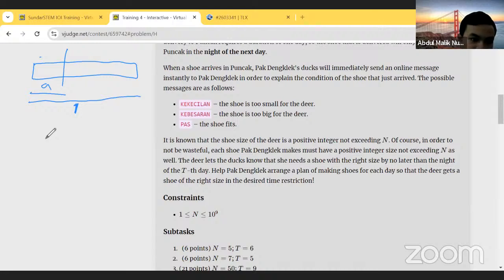So if the value of A is greater, then actually there are two cases like this: the response is too large or the response is too small. Or in this problem we say too big, not too large.